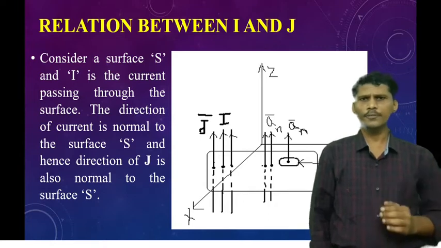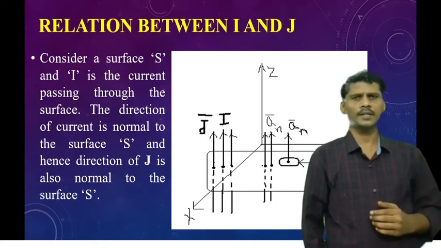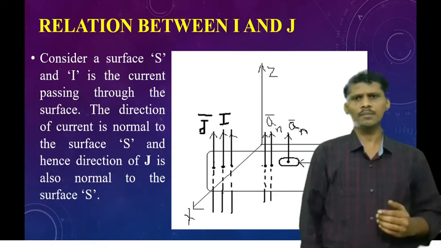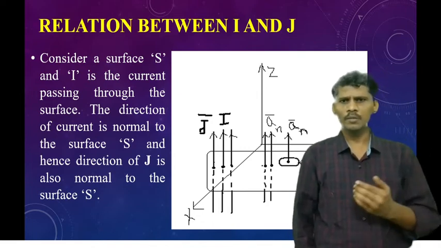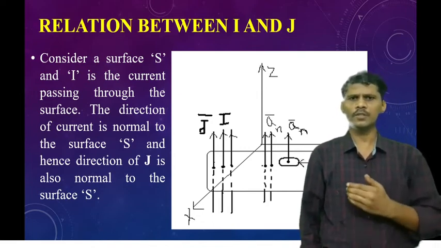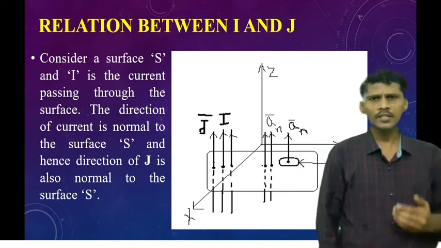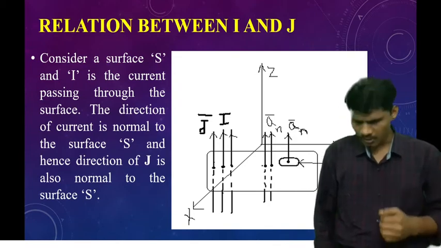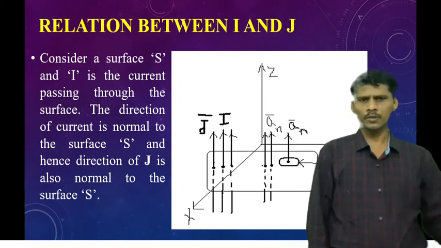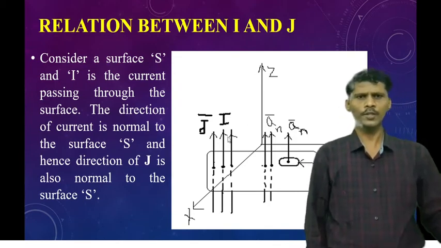Consider a surface S as shown in the figure, and the current I is passing through the surface. The direction of the current is normal to the surface, as shown in the figure.